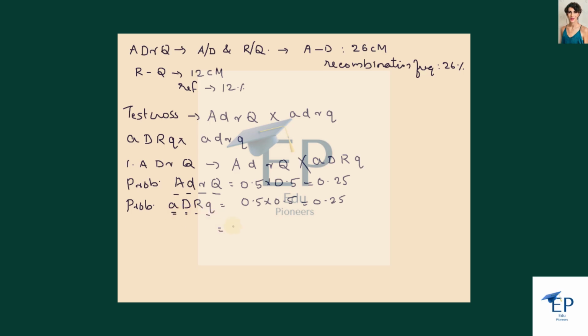That is equal to 1000 into 0.25 into 0.25. So that is the expected number, equal to 62.5. However, since we cannot have fractional progeny, we round to the nearest number, that will be 62.